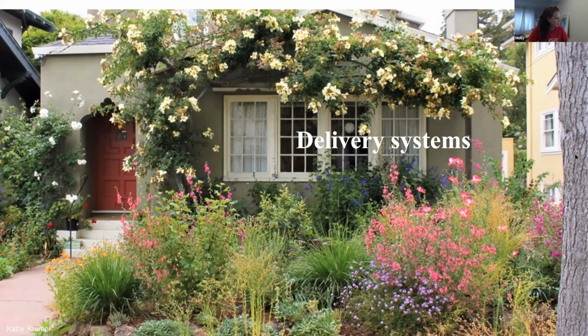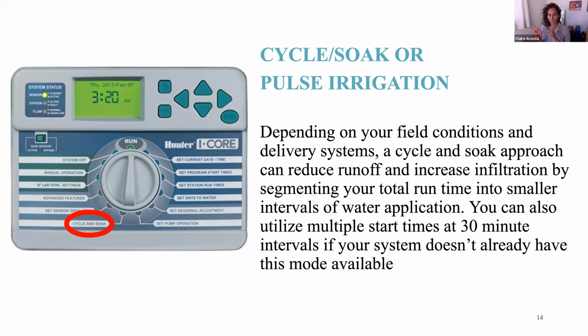Okay, great. So we're going to talk a little bit about different delivery systems, different irrigation systems and how they work with natives. For the most part, and I think Jill, you mentioned something similar in one of the breakout rooms, you want to implement this cycle soak or pulse type irrigation, especially in clay soils or where you have infiltration issues.